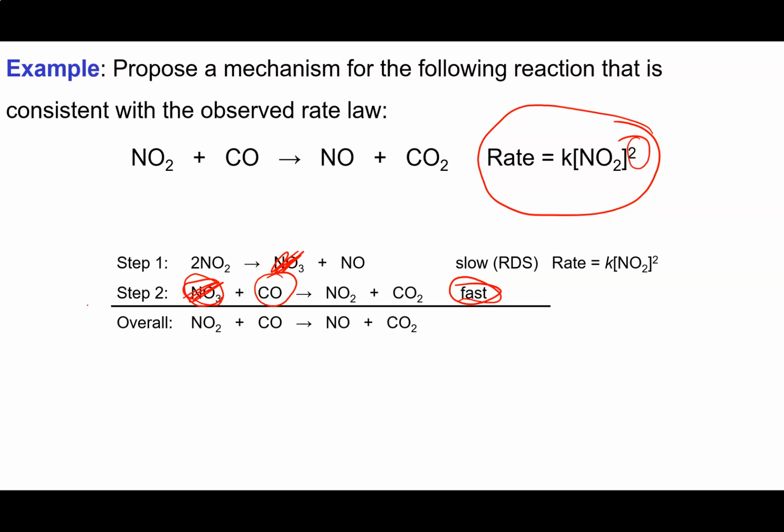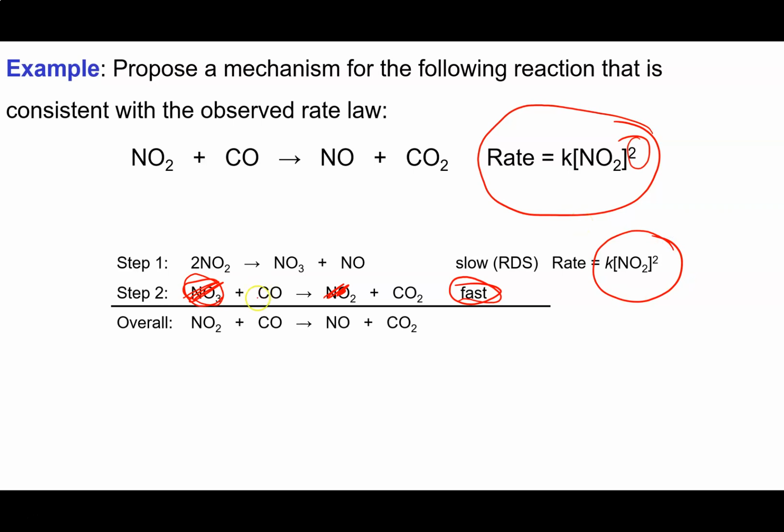We get what we want, and I should point out that we lose one of our NO2s here. There we go. And so we've got NO2 plus CO gives NO and CO2. It's bimolecular in NO2, so that's consistent with the observed rate law.